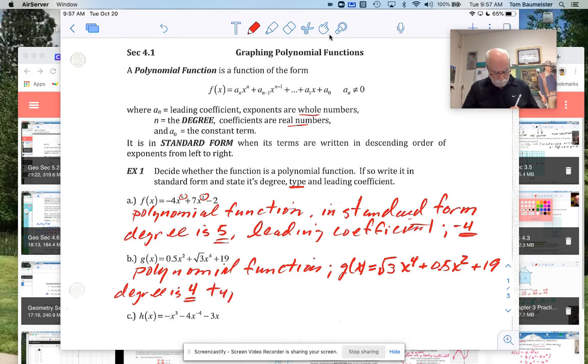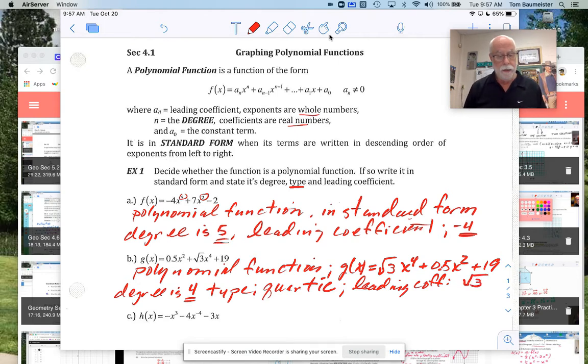So its type is called quartic. And in this case, your leading coefficient, and I did put that short because I'm running out of room, would be the cube root of 3.